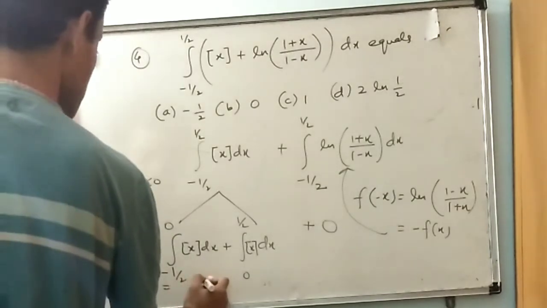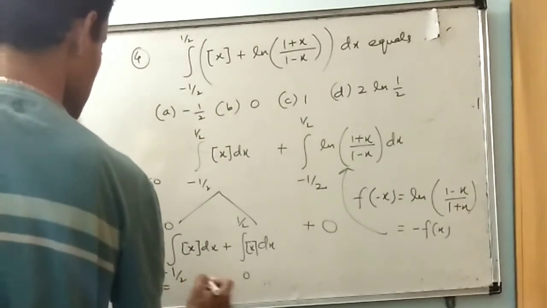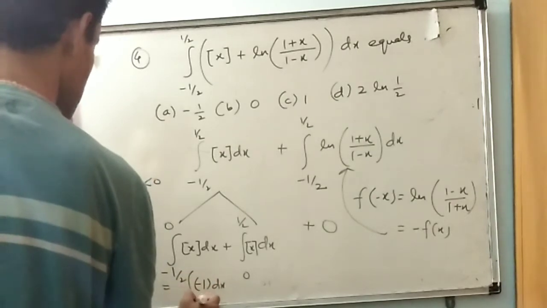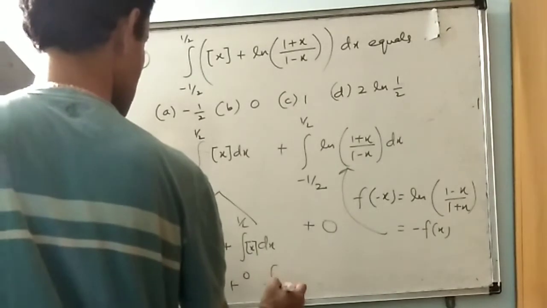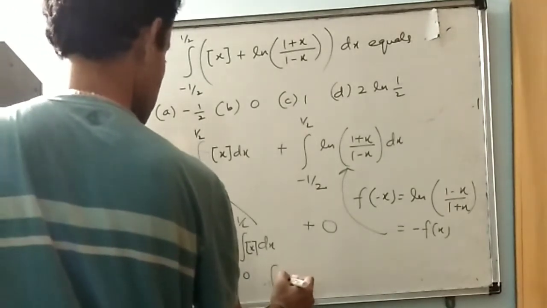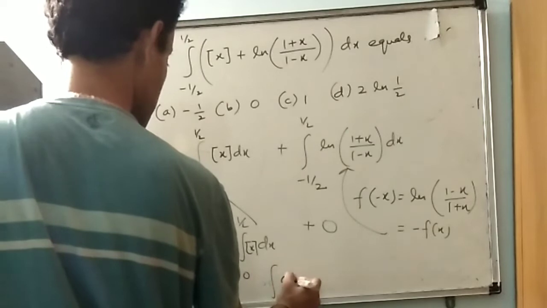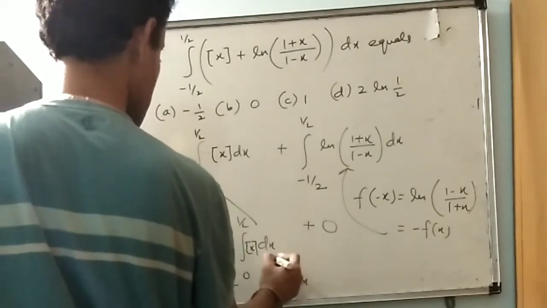So this will be minus 1 dx, limit is obviously the same, minus half to 0, and this one is from 0 to half, so the greatest integer is 0 dx. So this part is 0.